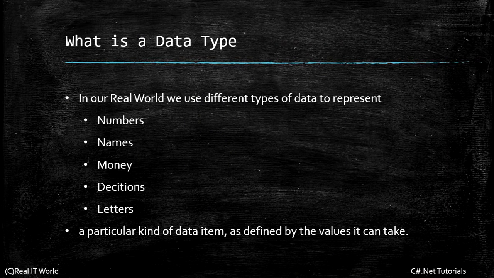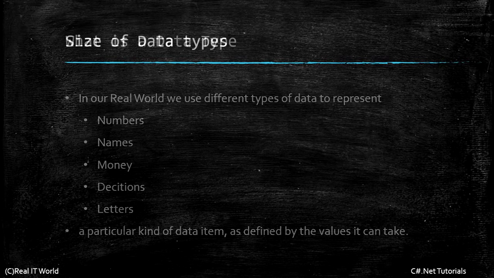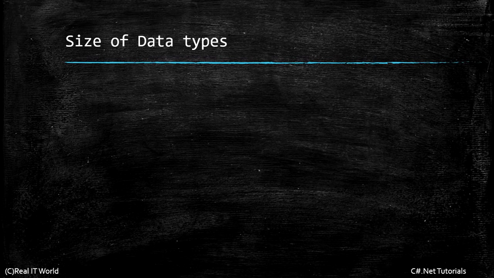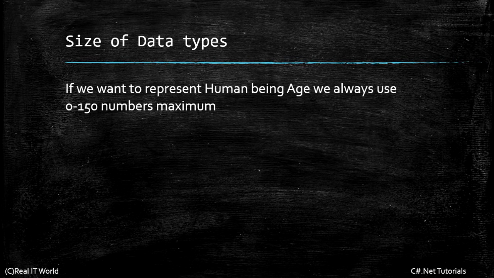A particular kind of data item as defined by the values it can take. What is a data type? Data type is a particular kind of data item as defined by the values it can take. Okay, that is a data type. Then data size, the size of data type. In our real world, let's look at one example.